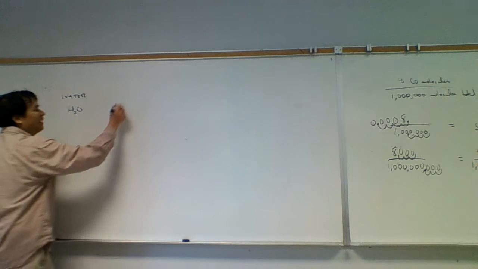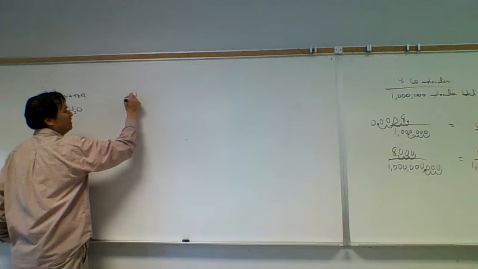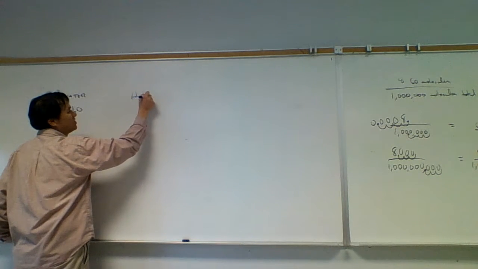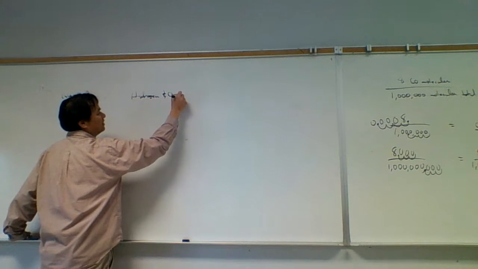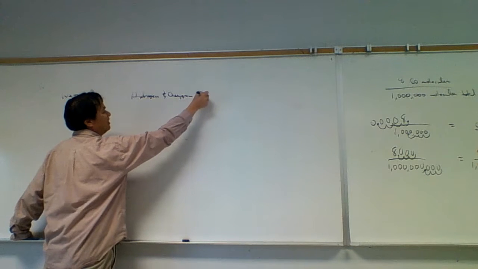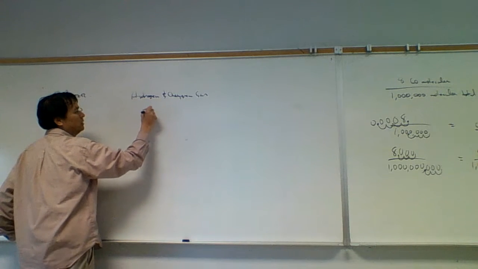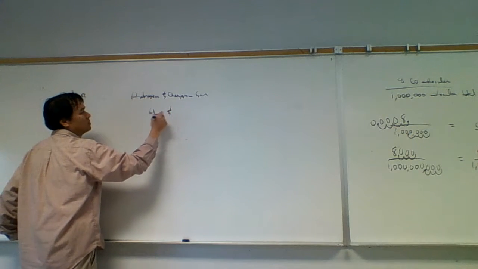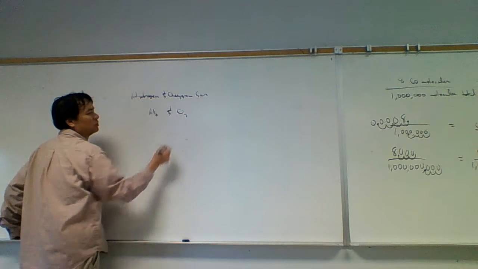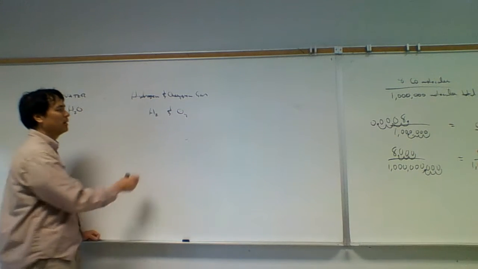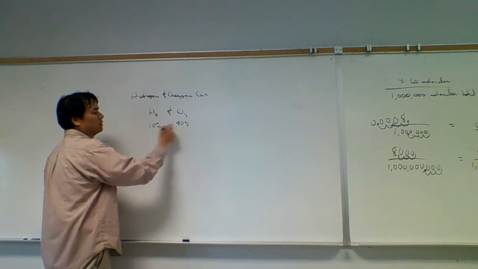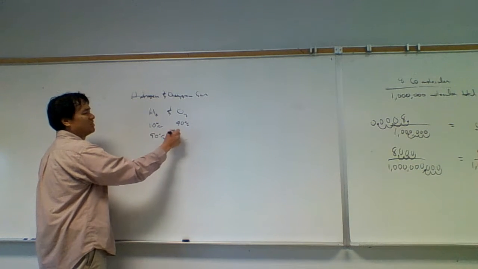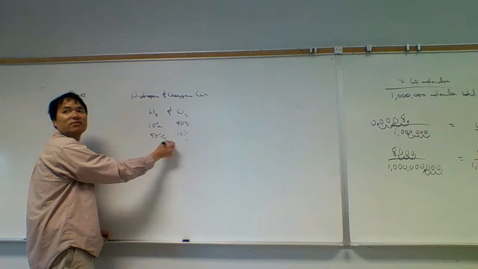Whereas if I had hydrogen and oxygen gas, that is a mixture, because it would be H2 and O2, and so I could have any amount I want. Maybe 10% hydrogen, 90% oxygen, or vice versa, 90% hydrogen and 10% oxygen, etc.